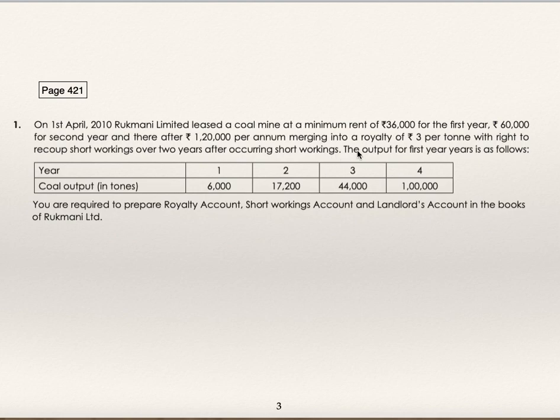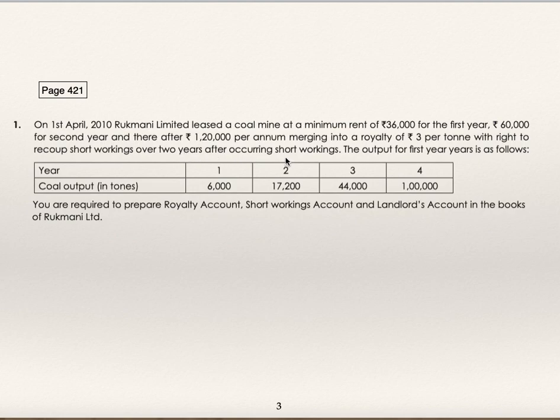So that means minimum rent for the first year is rupees 36,000. For the second year it is rupees 60,000, and thereafter it is rupees 1,20,000 per annum, and royalty is rupees 3 per ton, and recoupment of short working is allowed over 2 years after occurring the short workings.